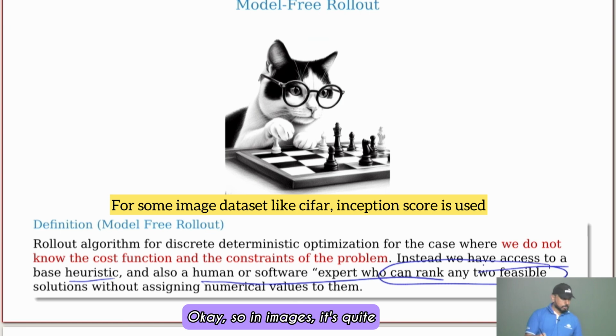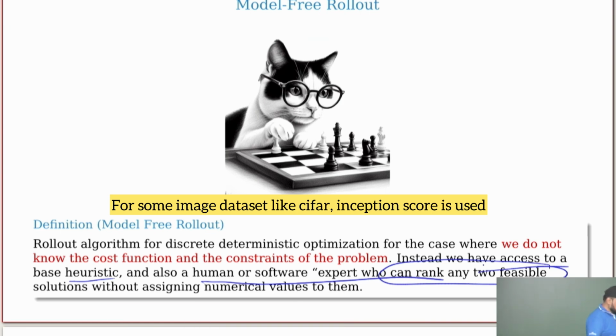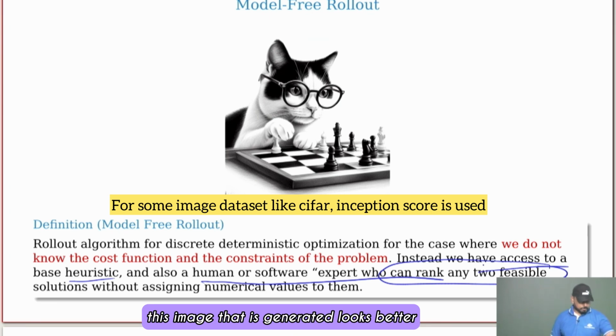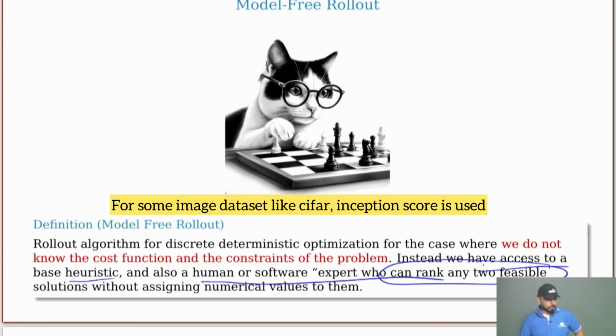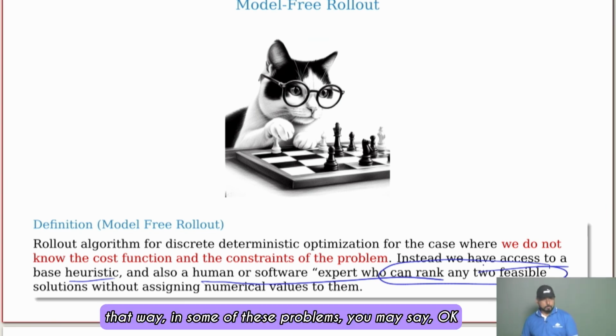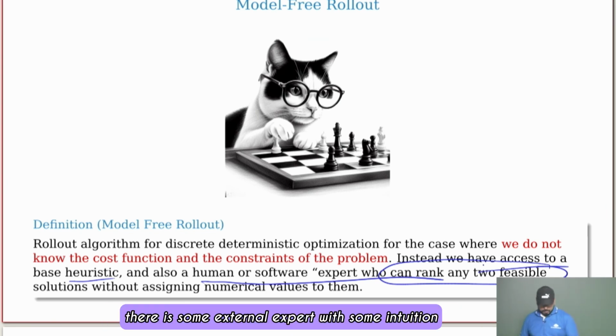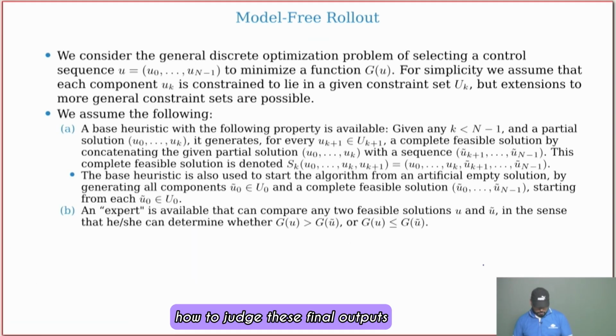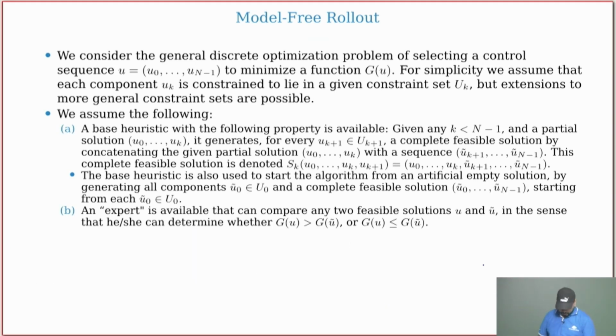So you may want some expert to say that, look, this image that is generated looks better compared to some other image, based on some parameter that the expert thinks. In some of these problems, there is some external expert with some intuition who, in some way, knows how to judge these final outputs.